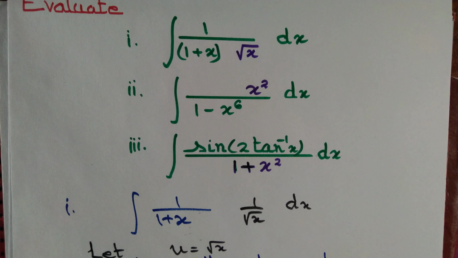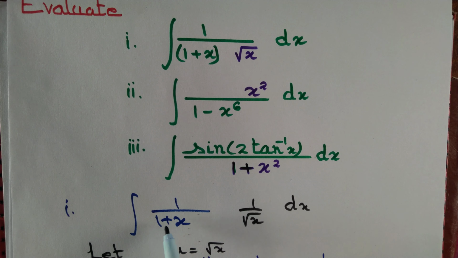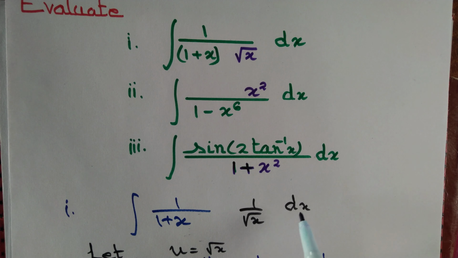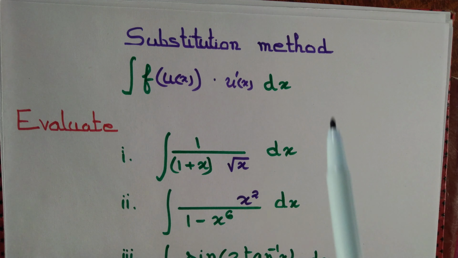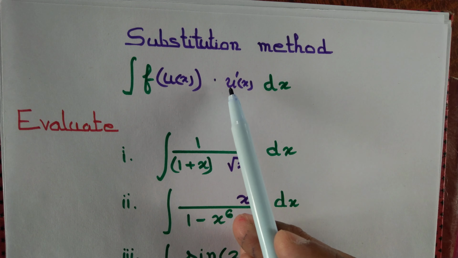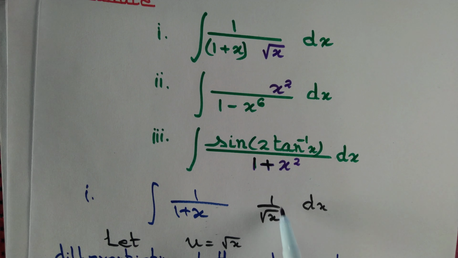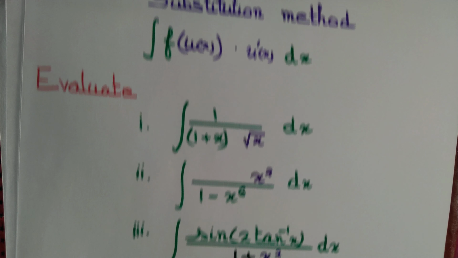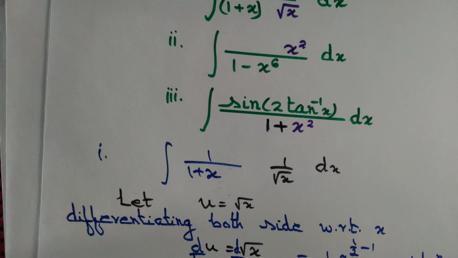So we got the expression 1 by 1 plus root x whole thing square times 1 by root x dx. If I take u equal to root x, then u dash is exactly this expression with some constant change, and we can write this expression as f of u. Let's do it.